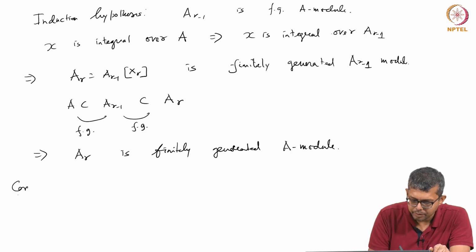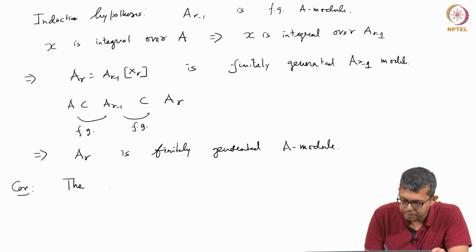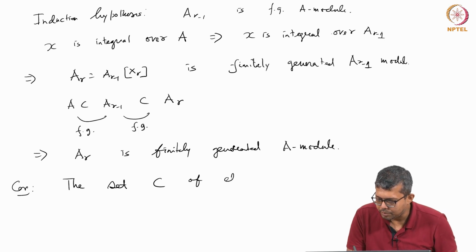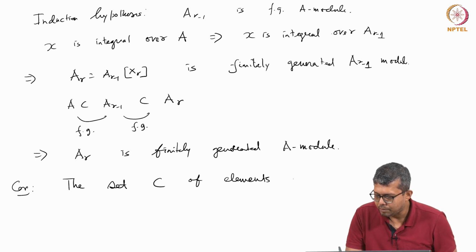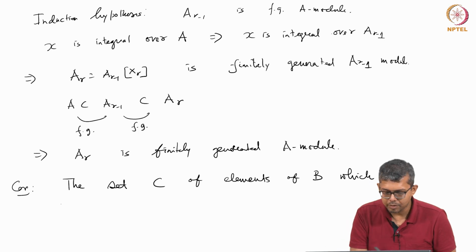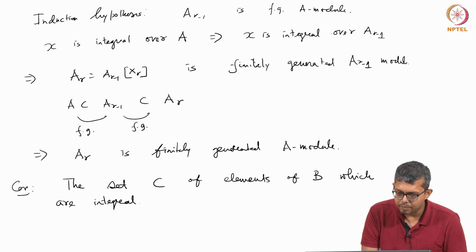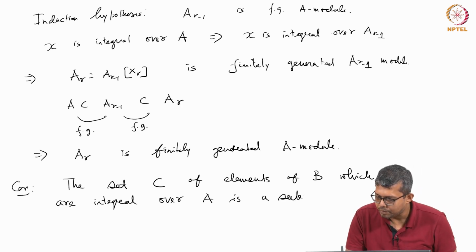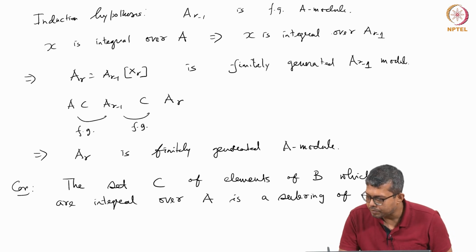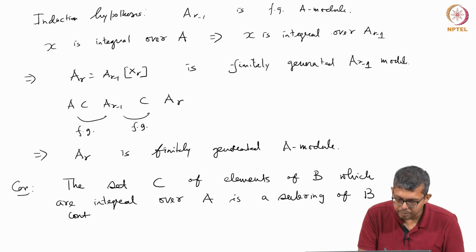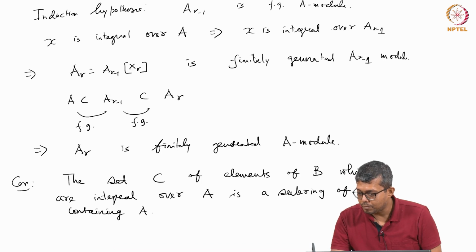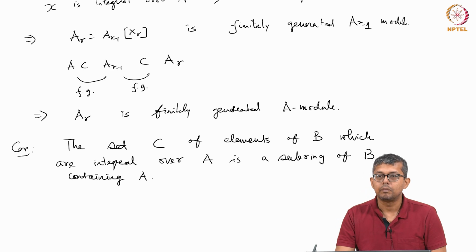So as a corollary, you will see that the set C of elements of B which are integral over A is a subring of B containing A. Proof.